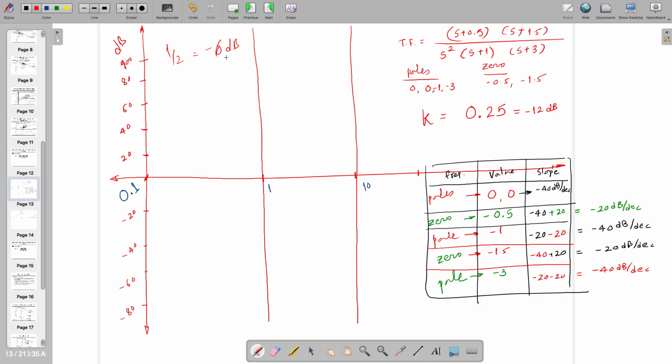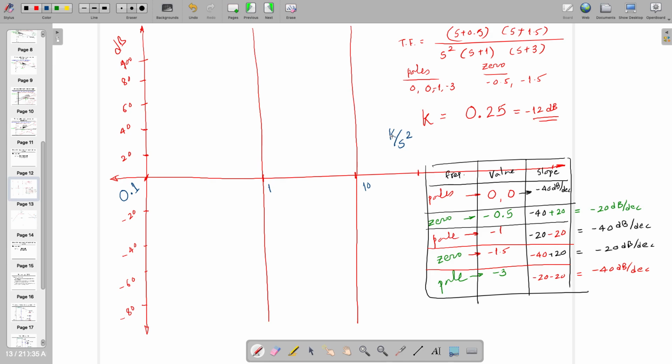So half of half will give you minus 12 dB. Right? So it's equal to minus 12 dB. Okay. So I'm going to start from minus 12 dB. So this is the available gain to me. Now tell me, what next do I need to do? I need to find out what kind of system it is. So it follows the form k by s square.